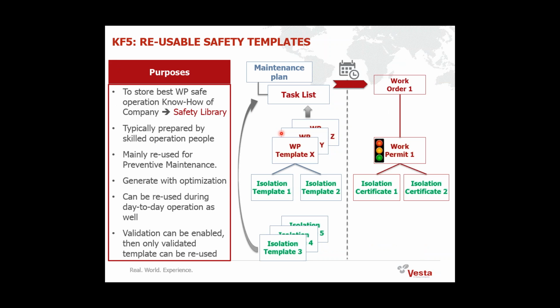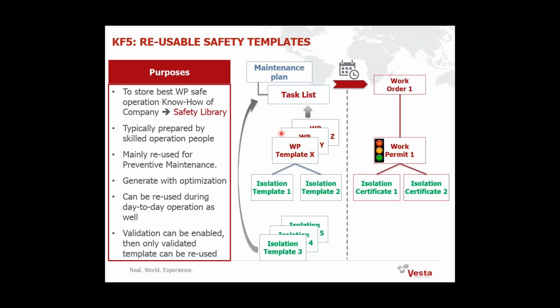Feature number 5, that's the reuse of safety templates. You can create templates in SAP that you can reuse. With this you can store the best work permit and safe operation know-how, so that you create your own safety library. Those templates are prepared by skilled operational people.